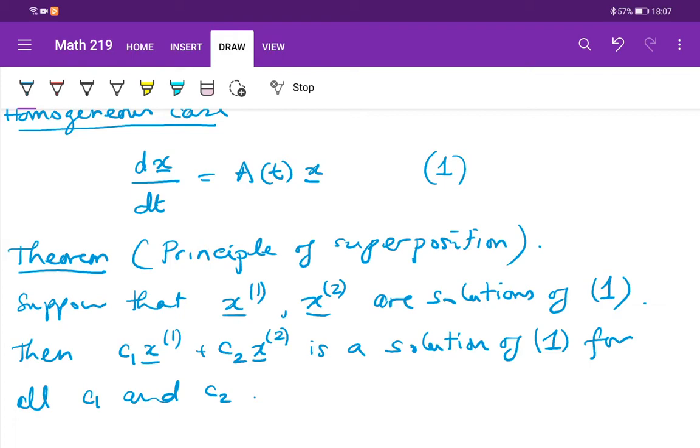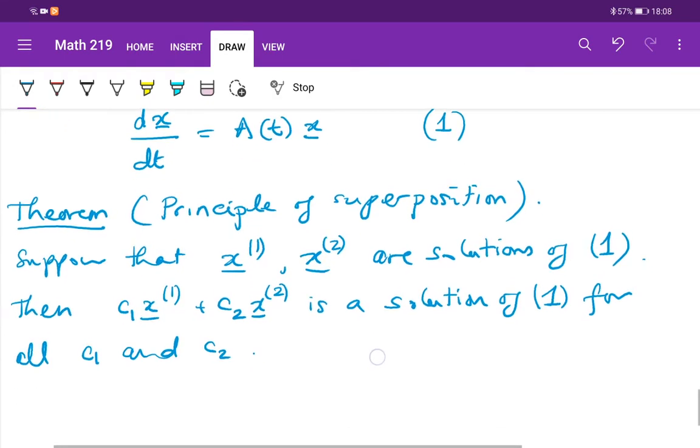So the question arises, can we find a small set of solutions such that the linear combinations of those solutions give all solutions? Small set, by that we mean a minimal set, so we want the smallest set. Can we find a smallest set of solutions such that every other solution is a linear combination of those solutions?